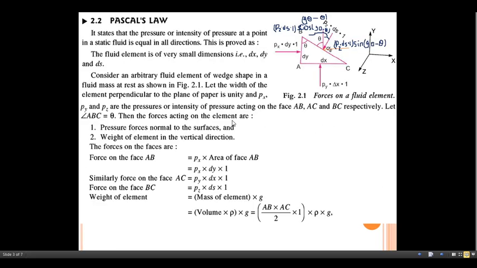Now in the vertical direction, along with these two components, we have one more force, the entire weight of this element, which we already calculated: AB multiplied by AC divided by 2, multiplied by 1, multiplied by rho multiplied by g. We can substitute the values of AB and AC. AB is the length we considered for the small element as dy, and AC we considered as dx.